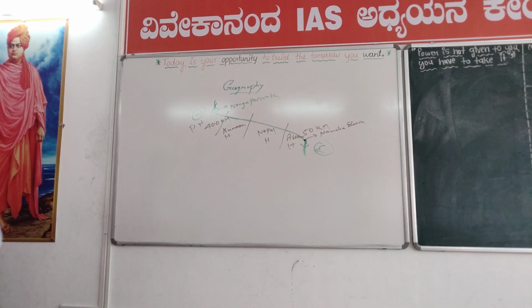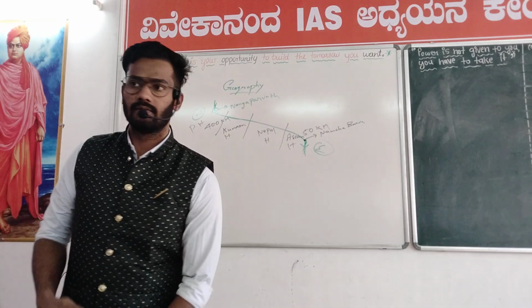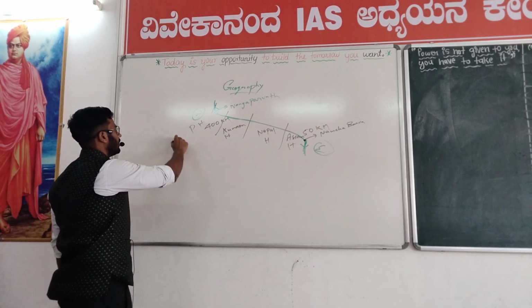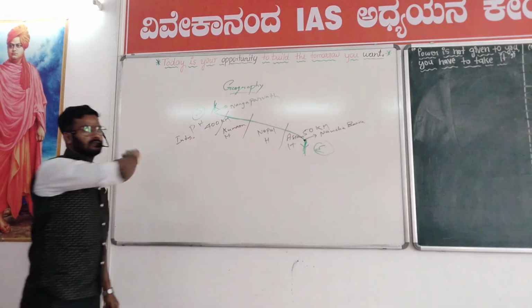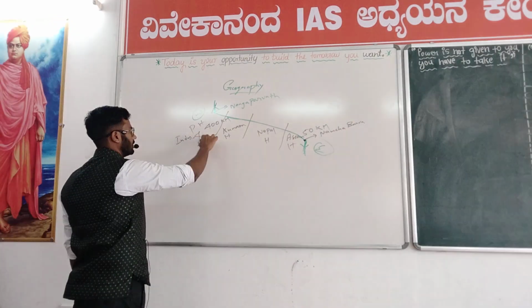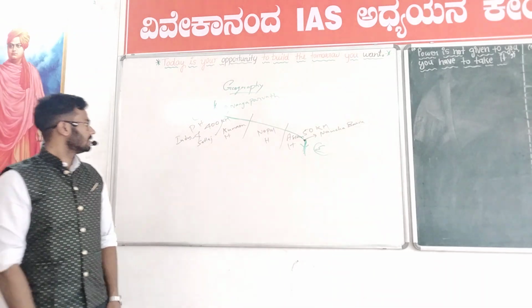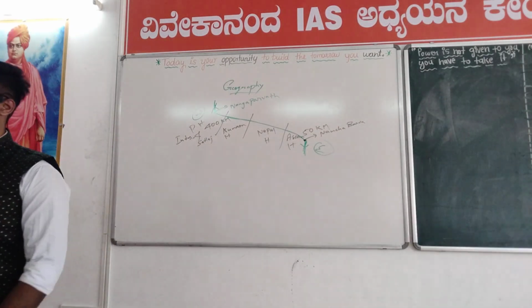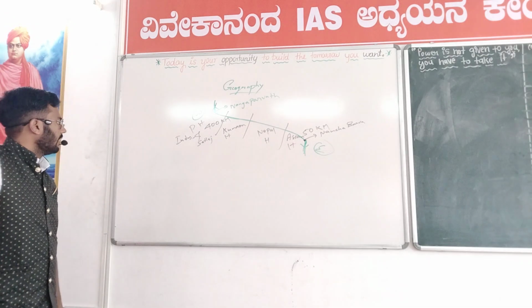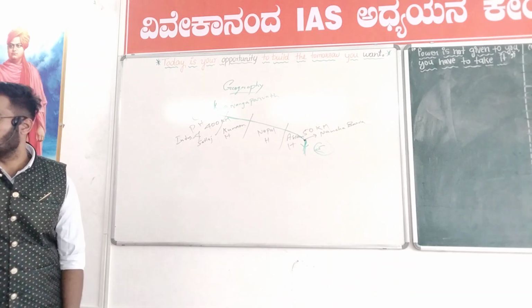I will ask you: which Himalaya is lengthiest, which Himalaya is shortest? The Punjab Himalaya length is 560 km, and it is between the river Indus and Sutlej.